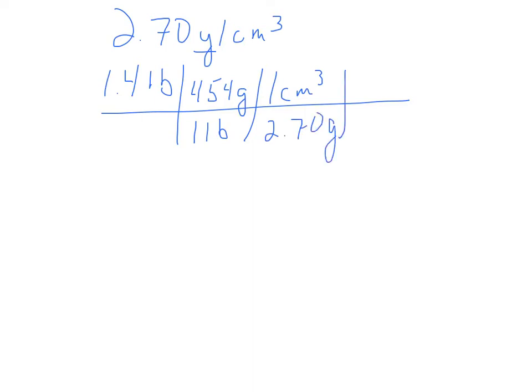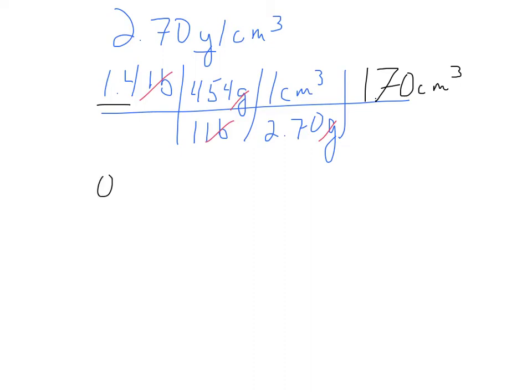Okay, and now if we solve for this, again, pounds cancel pounds, grams cancel grams, and we're left with an answer in centimeters cubed. With 2 significant figures based on our original measurement here, we end up with 170 centimeters cubed. So that's our answer rounded to the correct number of significant figures.